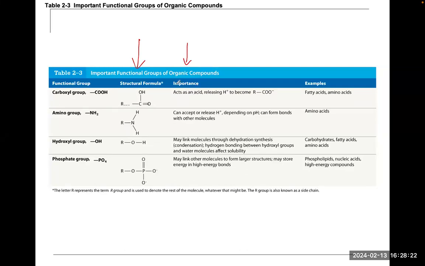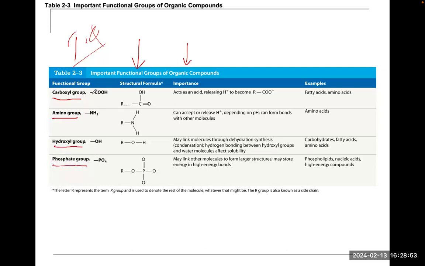I'll probably pick a few test questions from these, but they're very important, not just to pass an exam, but look at what these do functionally. So first, you have to get comfortable with these terms: carboxyl group, an amine group, a hydroxyl group, a phosphate group.